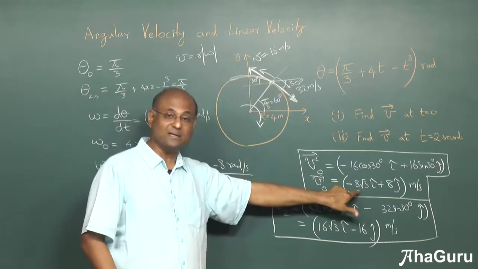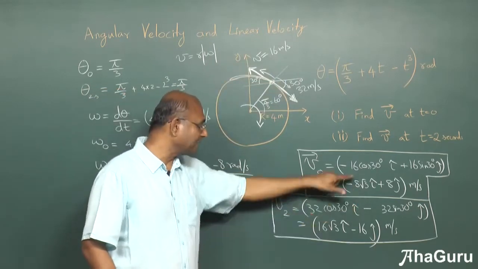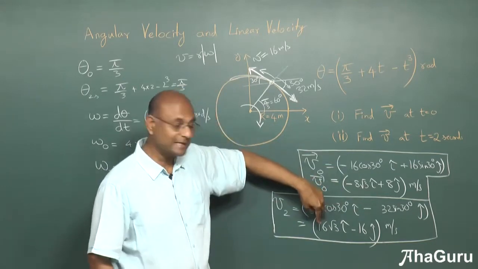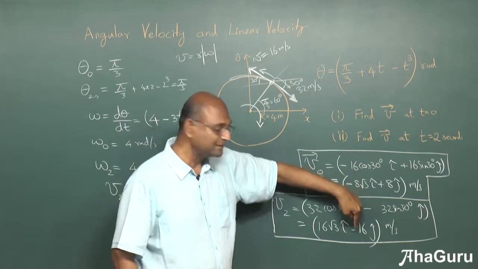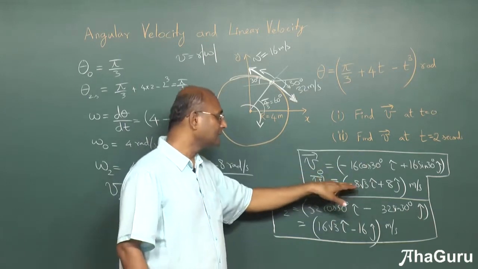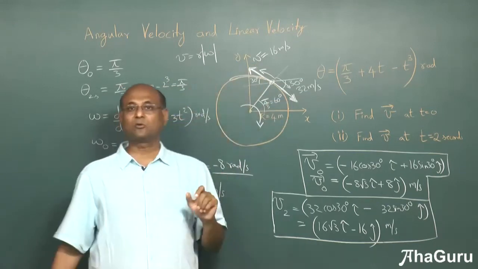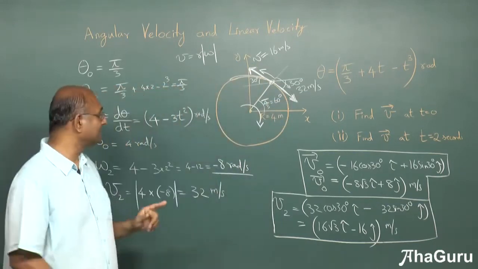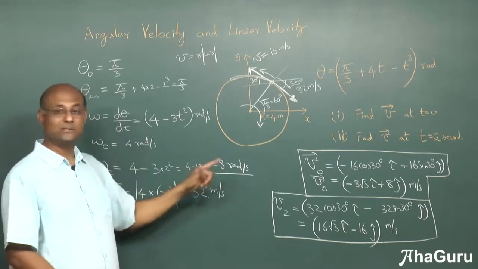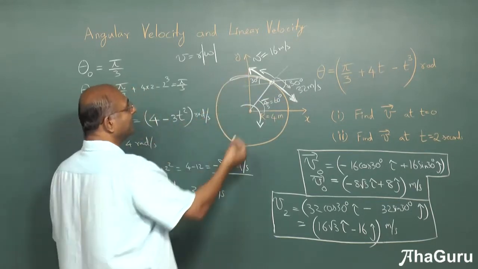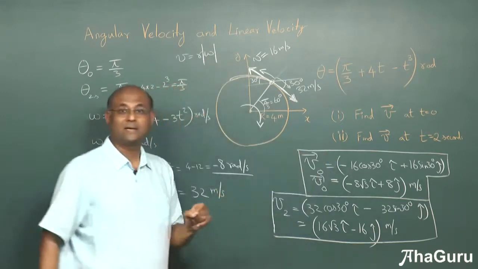So the vector is not exactly the same, because this has a minus i cap, this has a plus i cap. That has a plus j cap, this has a minus j cap. And this is of course 8 root 3, this is 16 root 3. We can see 16 meters per second, 32 meters per second. It was double because the omega magnitude was double, so the speed was double. But it's not just that the speed was double, it was in the opposite direction.